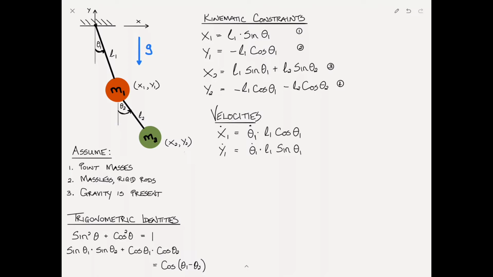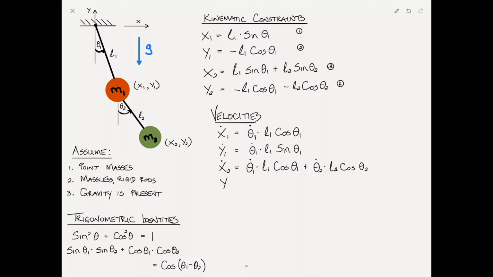Okay, and then similarly x2 dot is equal to theta 1 dot times L1 cosine of theta 1 plus theta 2 dot times L2 cosine of theta 2.